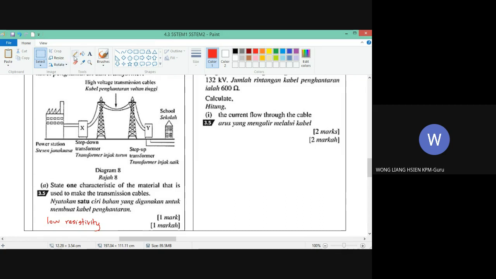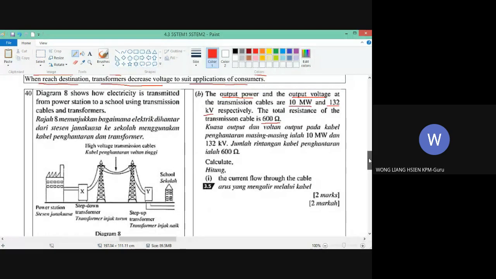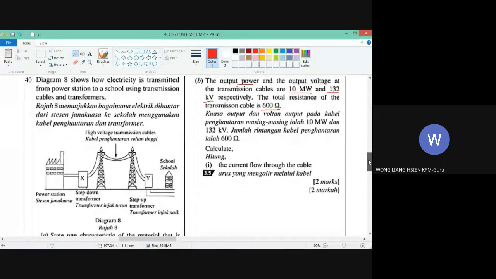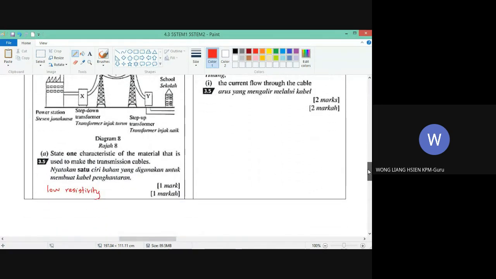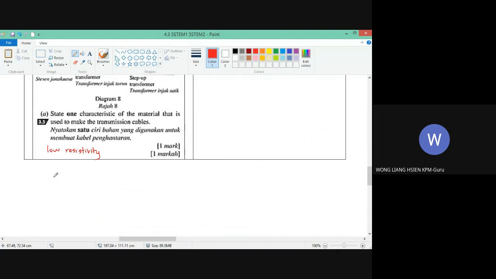When we want to calculate the current flow through the cable, let's look at what formulas have current. We have V equals IR.